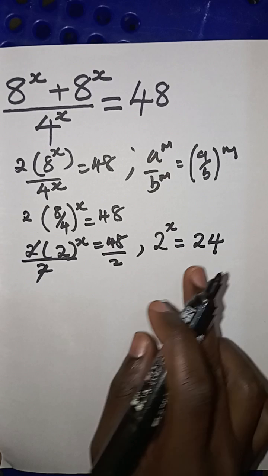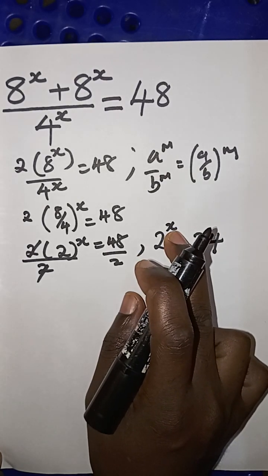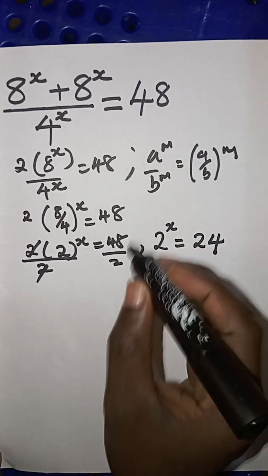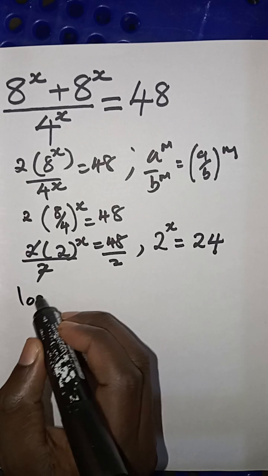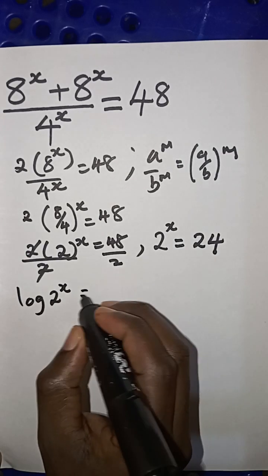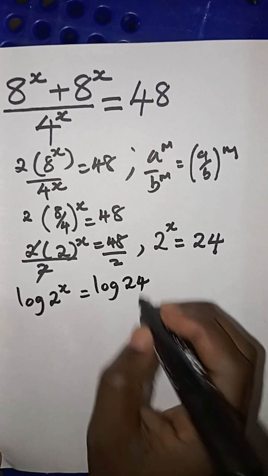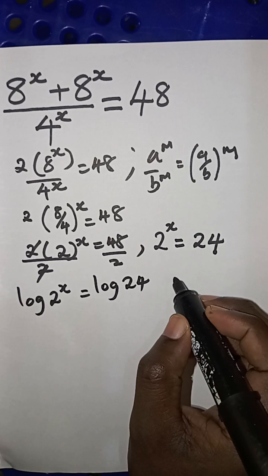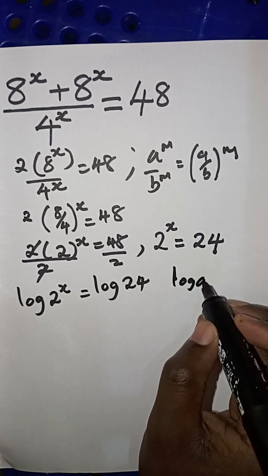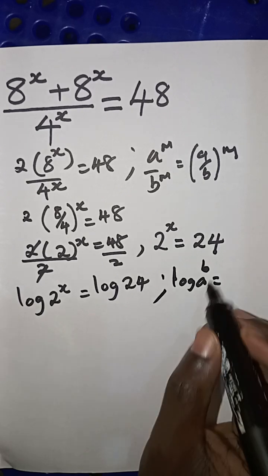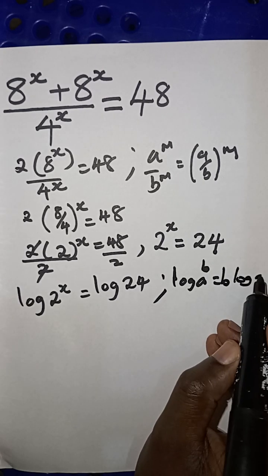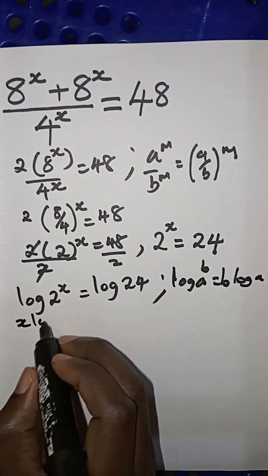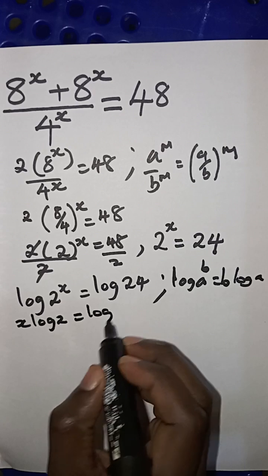Let's continue. Since the power of x is unknown, I'm going to introduce logs on both sides of this equation, so that I have the log of 2 raised to x equal to the log of 24. Well, if you have the log of a raised to b, then this can be simplified as b times the log of a, so this now changes to x times the log of 2 is equal to the log of 24.